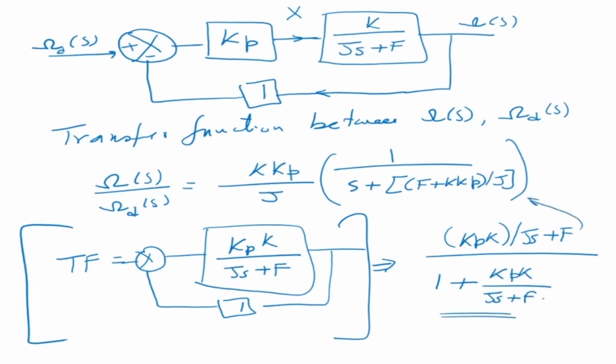Basically we are reducing it to a single s, coming to the form 1 by s plus a, that is, kkp divided by j into 1 by s plus a, writing the denominator.